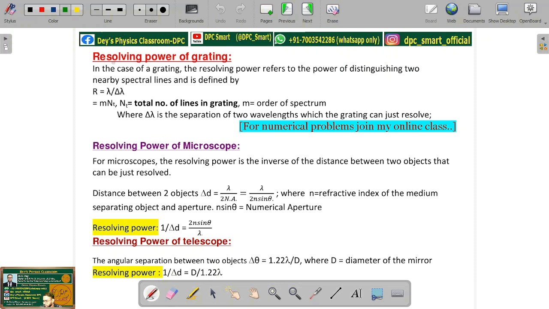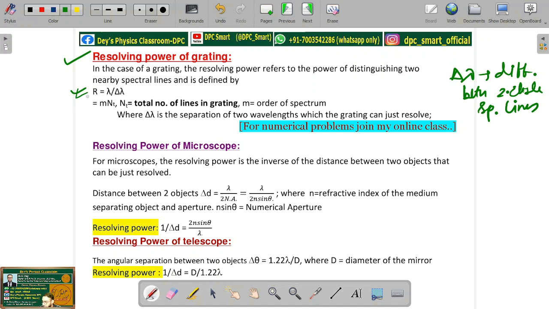So now we will find out the resolving power of a grating. In case of grating, the resolving power refers to the power of distinguishing two nearby spectral lines, and it is defined as resolving power R equals lambda divided by delta lambda. So delta lambda means the difference of wavelength between two closely spaced spectral lines.